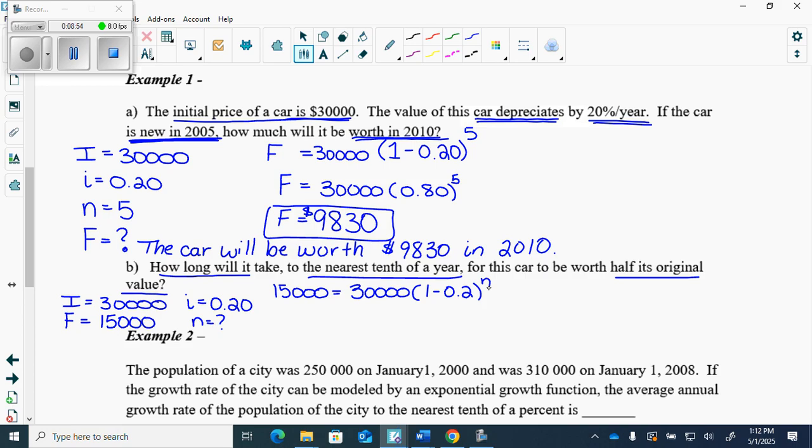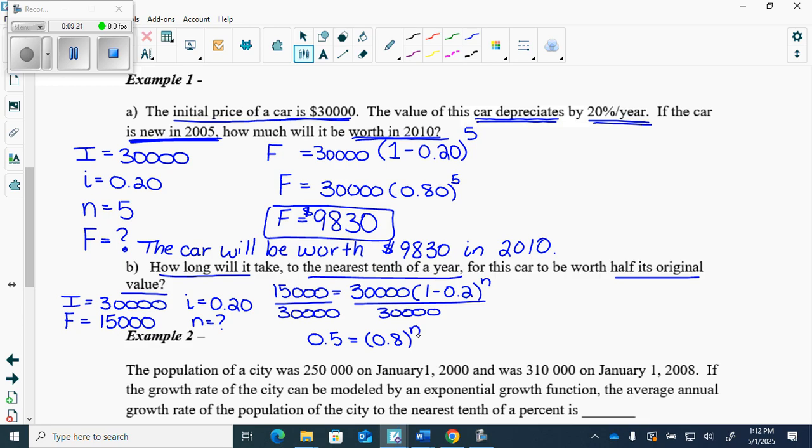But what I want you to know is, if you know both the final and the initial, always divide your initial over. That should be your next step. So I'm going to divide that 30,000 over. So I have 0.5 equals 0.8 to the N.